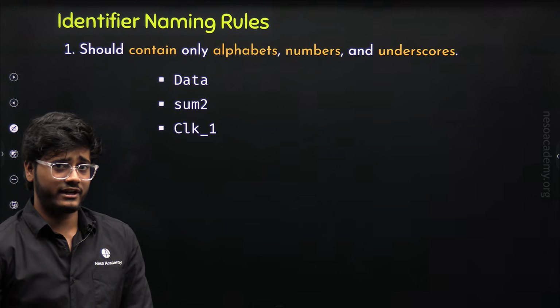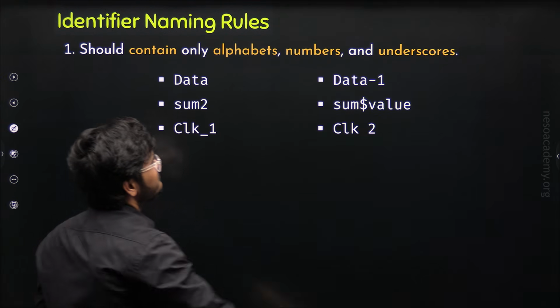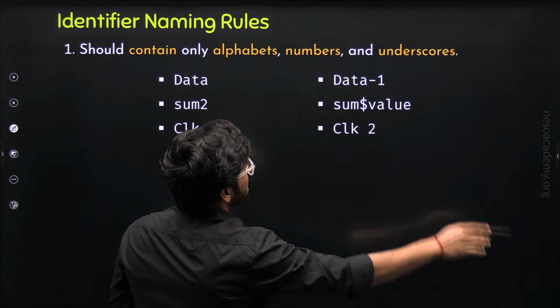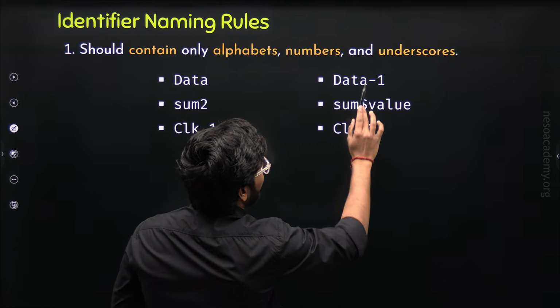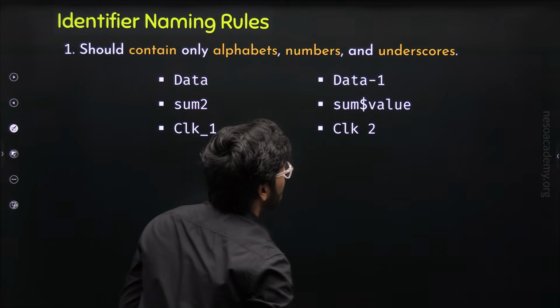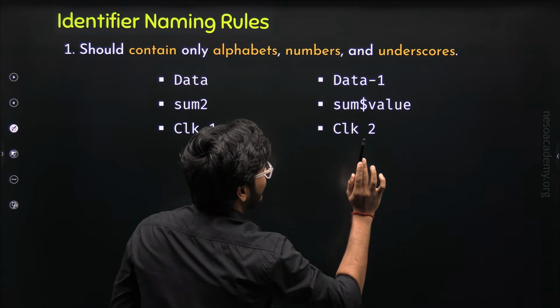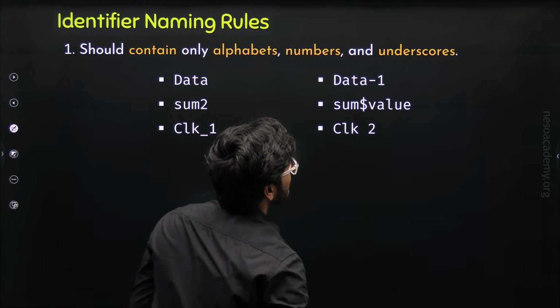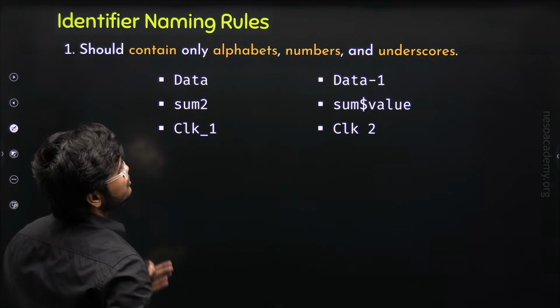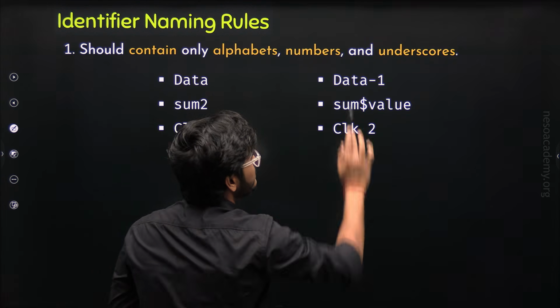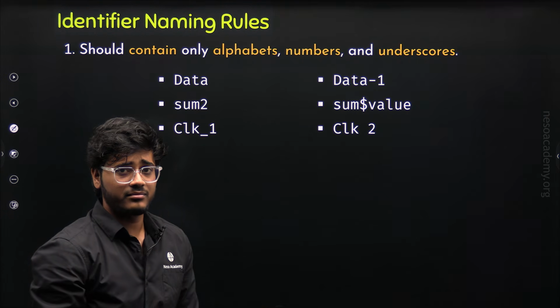Let's see a few more examples. In this example, data-1. It contains letters, a number, and a hyphen. Now, as per the first rule, a hyphen is not included in any identifier name.